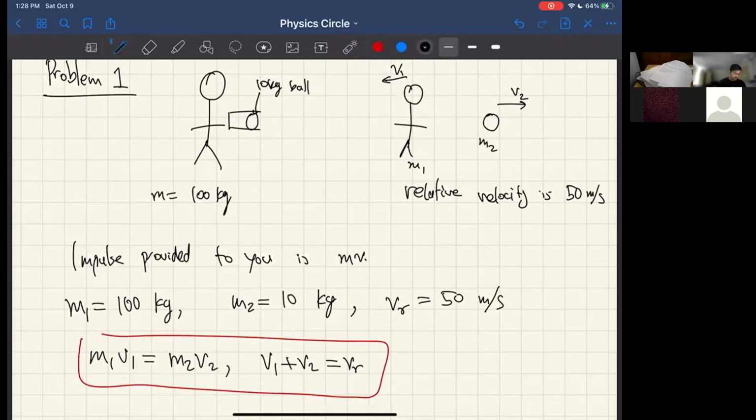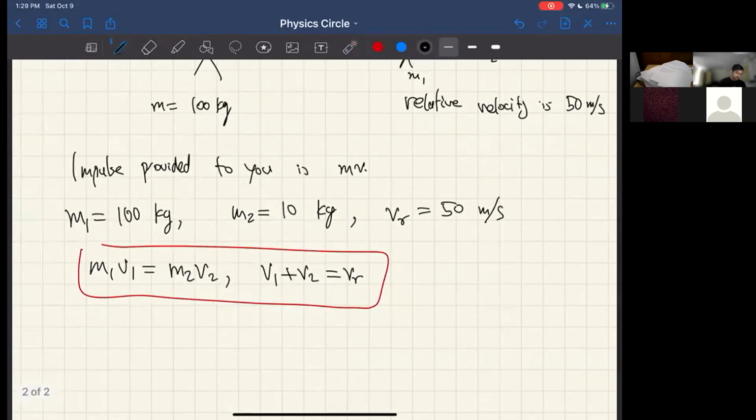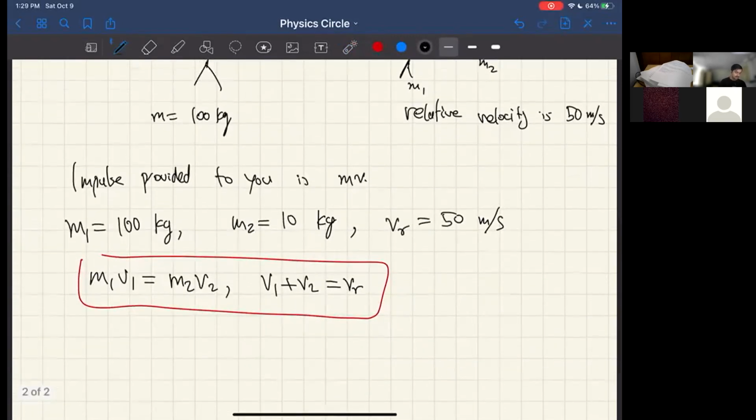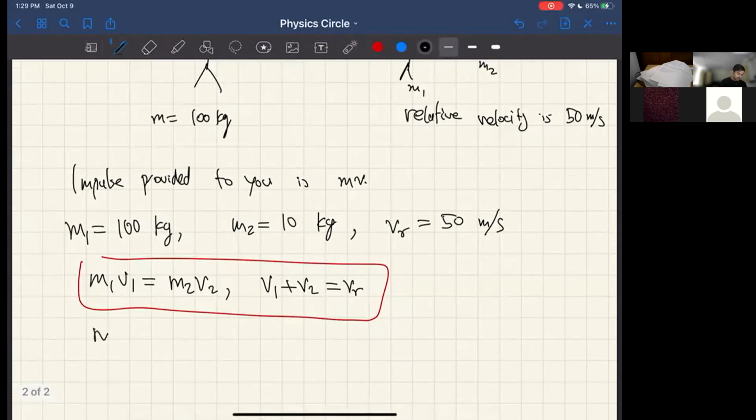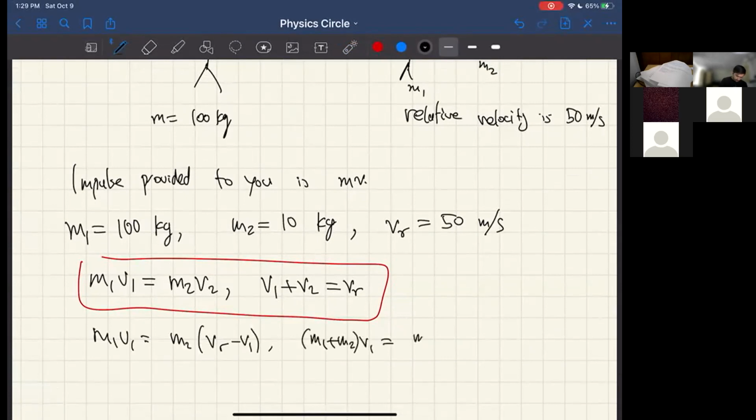And this is pretty easy to solve. Let's just do that real quick. So our goal is to find v1, so we want to substitute v2. So we get m1 v1 equals m2 v2, so v1 equals... did I do this correctly?